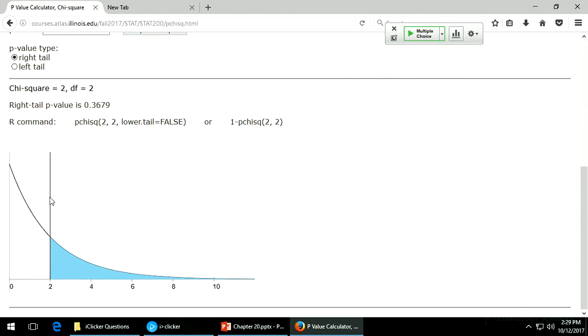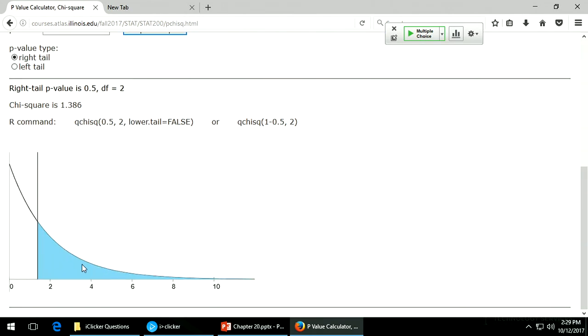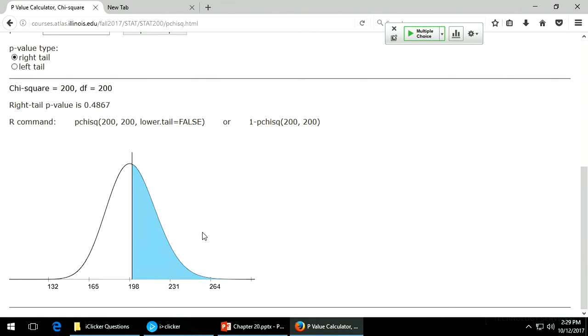If I wanted to find the median, I'd put a 50 in here and compute a chi-square, and it's a little bit less than that. But that's not the average. I'm saying the average is around the degrees of freedom, okay? So as the degrees of freedom get bigger, like if we had 200, we'd expect a chi-square of about 200. And then it's more symmetrical, and it starts looking more like the normal curve.